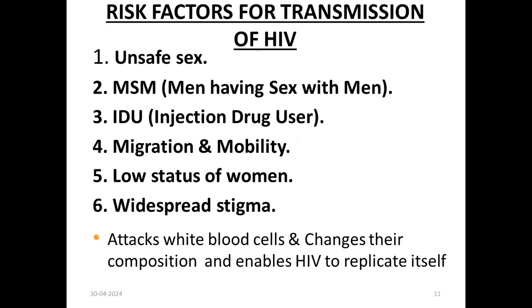The routes of infection and the risk factors are mainly unsafe sex, men having sex with men, injection drug users, migrant populations, and women of low status, for whom professional sex work is related. These are the causes.